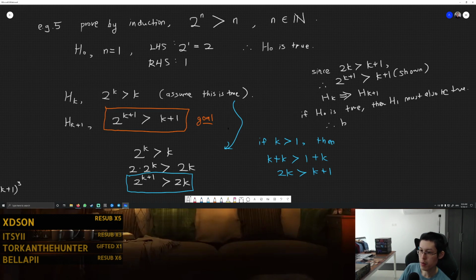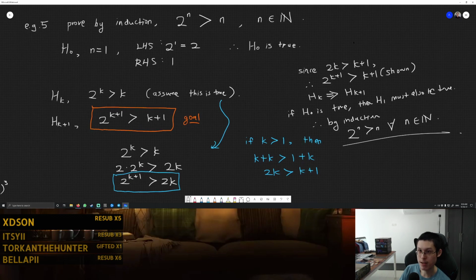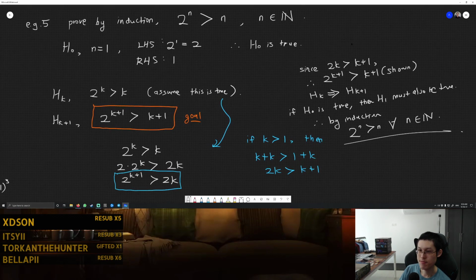Therefore, by induction, 2n is greater than n for all n that belongs to the natural number set, for all n that is a natural number. And that's how you deal with induction when you have an inequality. There we go.